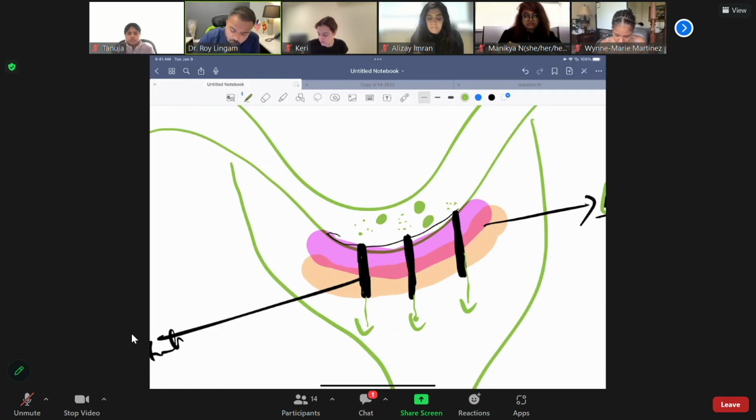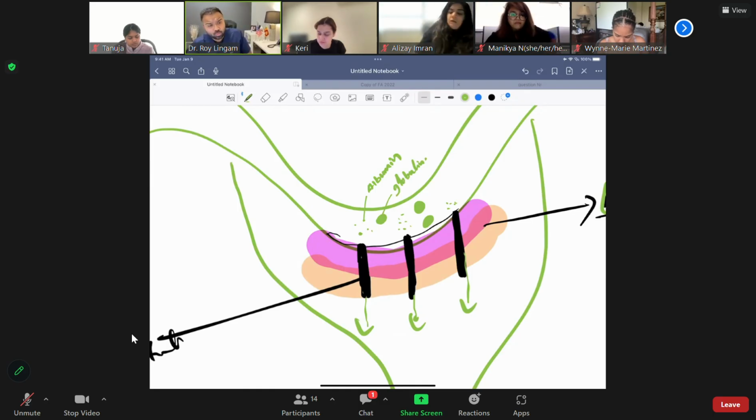The small dots are called albumins. Big dots are called globulins. Albumin and globulins, they are all protein. The difference between albumin and globulin is the size.